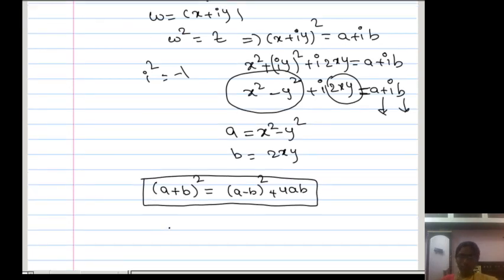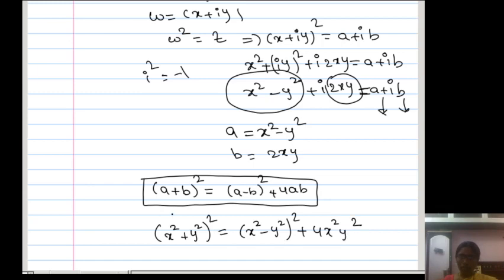For example, by using this concept, I have written this. So don't confuse, this a comma b is different from that a comma b. For example, (x square plus y square) whole square is equal to (x square minus y square) whole square plus 4 into x square y square.